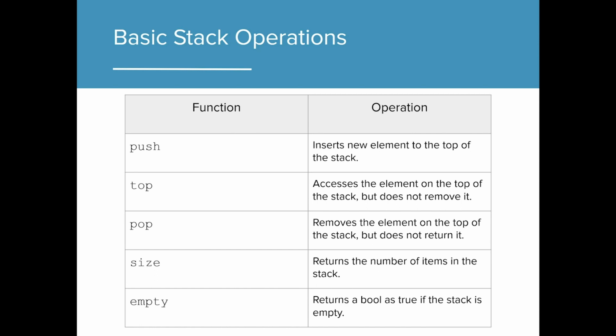Oftentimes, you may want to see and remove the item. Many languages have a single command for this, but in C++, you need to use both the top, then the pop commands. Also, you will notice that there's a size and an empty function. While it is possible to use size == 0, this can be streamlined with an empty function.